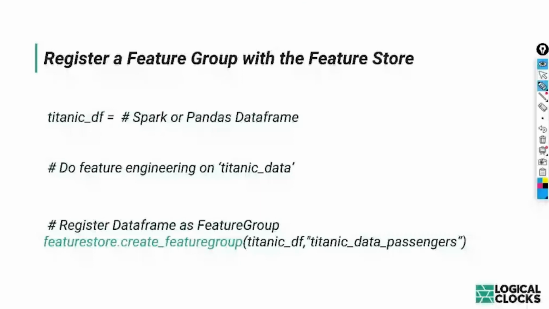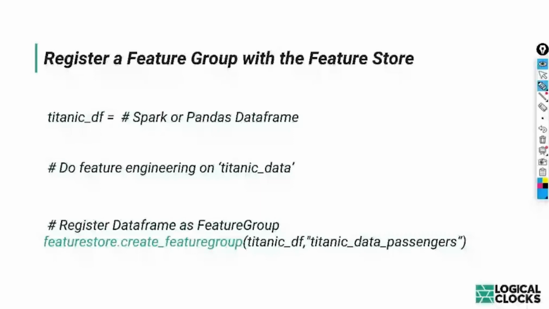So maybe the backend system is Redshift, maybe it's S3, or maybe it's some other production database, or data warehouse, or data lake. You read up the data, and then you do your feature engineering in your programming language of choice, typically Python, but sometimes Scala. We support both Scala and Python APIs, and Java as well.